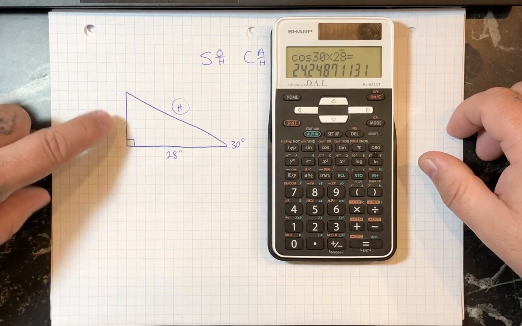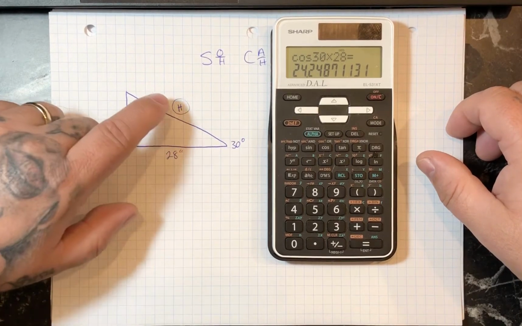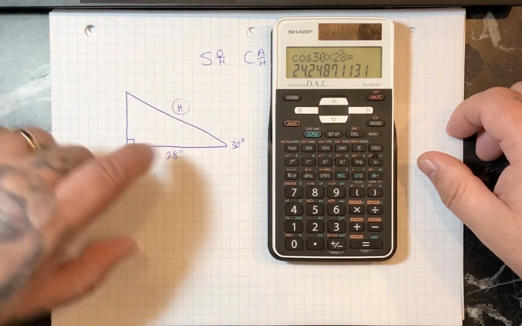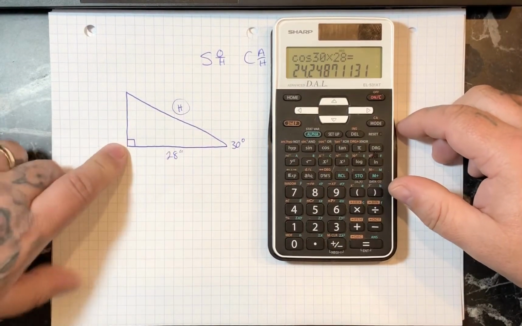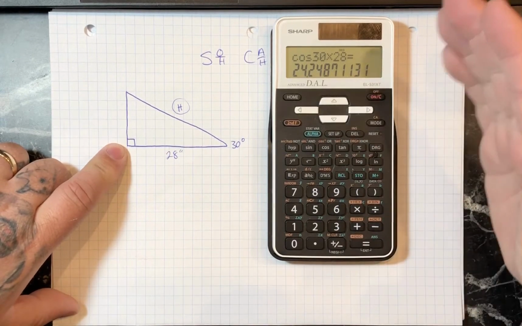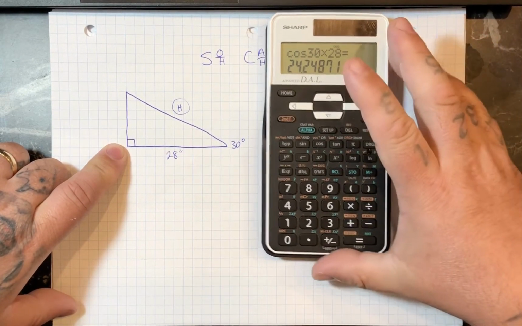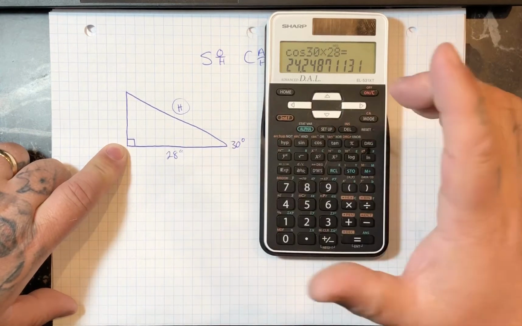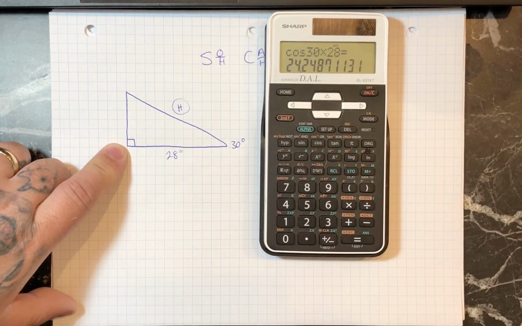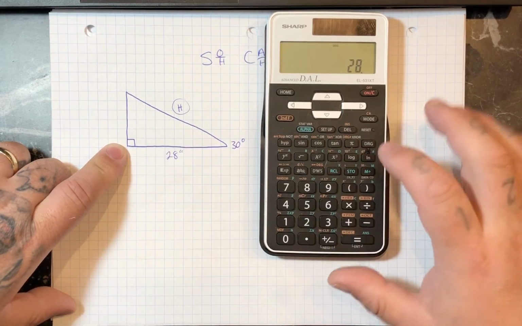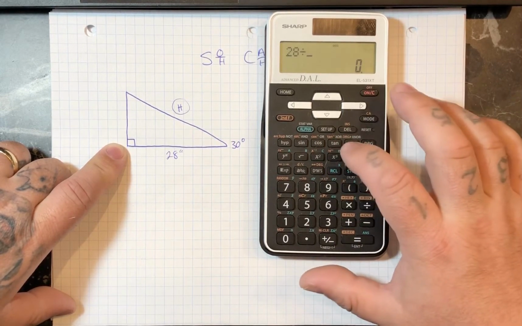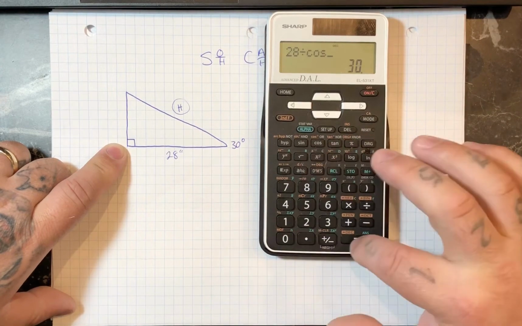That's actually a great way to see if you're doing it wrong. There is going to be a short side, a long side, and then the longest side, and the hypotenuse is always the longest. So if any of your answers seem like they're not going to work for that triangle, you know you've done the equation wrong. So for this one here, using cosine, it's actually going to be 28 divided by cosine 30.